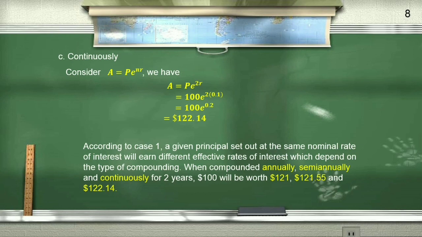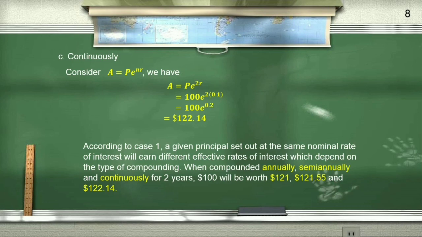If we compare the results in points A, B, and C, we can draw a conclusion. What is the conclusion? According to this example, a given principal set out at the same nominal rate of interest will earn different effective rates of interest, which depend on the type of compounding. If the interest rate is compounded semi-annually or continuously, it will give more money than if r is compounded annually.